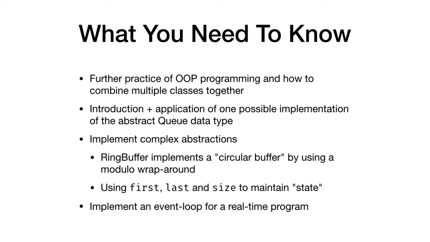You're going to learn how to implement a complex abstraction. Ring buffer is a circular buffer of sorts, but since we don't have circles in Java, you're going to have to use modulo, wraparound, and cursor variables to keep track of the contents of that buffer. And for the first time, you're going to be implementing a real-time event loop where you're going to be interacting with your program through the interface.